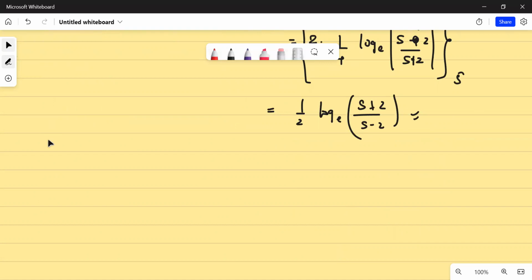Try to see, if I want to explain this to you, there is something called change of order of integration that I'm going to use.